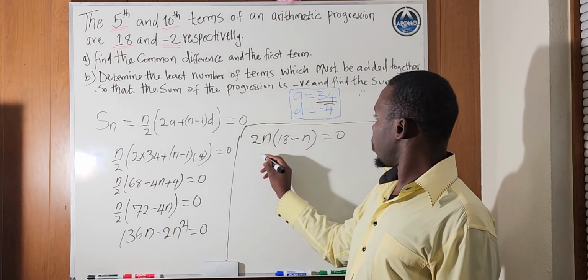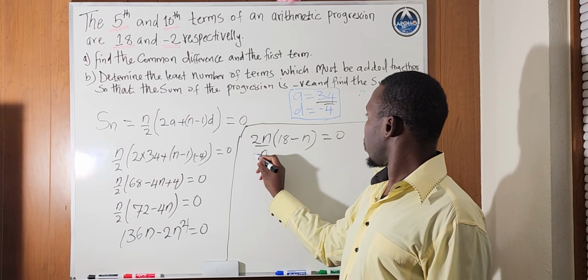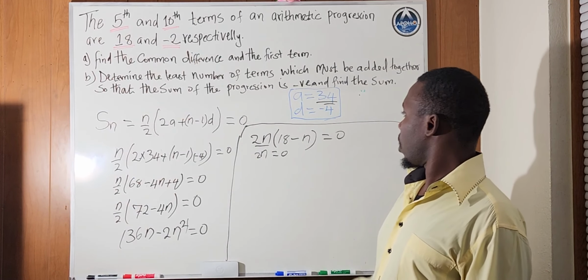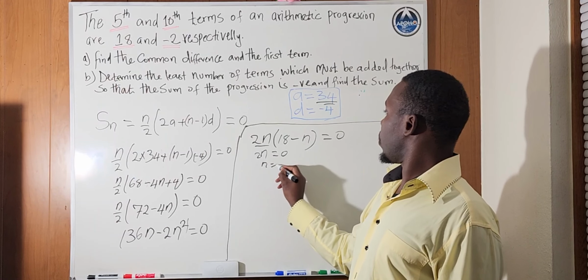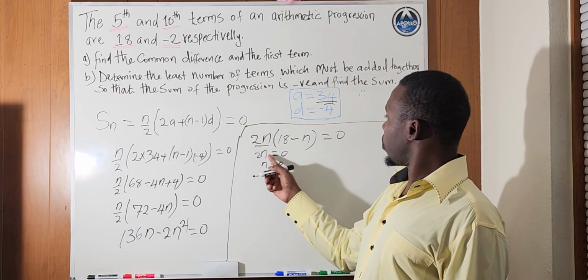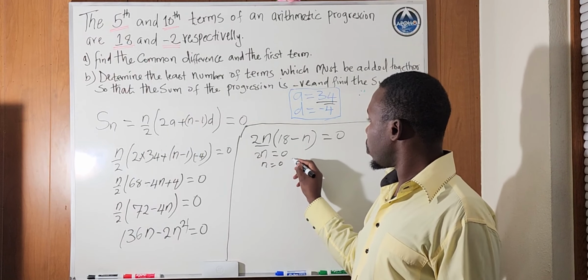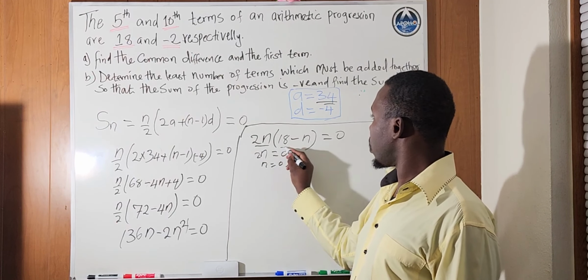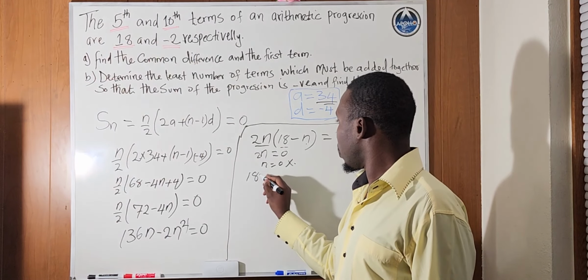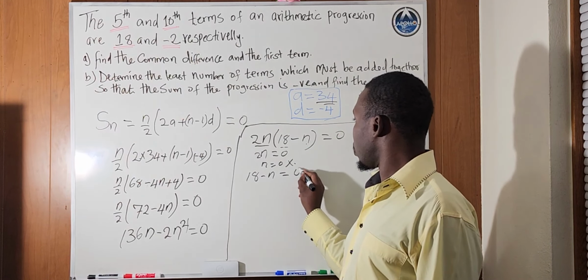So first of all, we can take 2n equals 0. Then n here is 0. But since we cannot have 0 terms, we don't need this one. We will consider the inner part, which is 18 minus n equals 0.